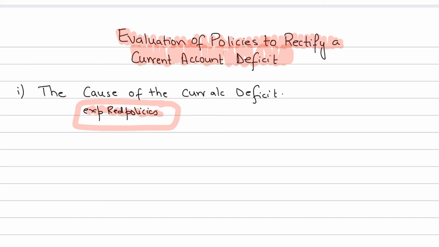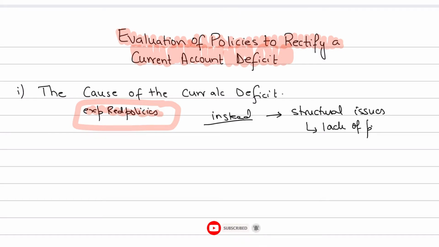Because if, let's say, it has not been caused by excessive import expenditure, and instead the deficit has been caused by structural issues, right? And what are structural issues? Such as low productivity, right?